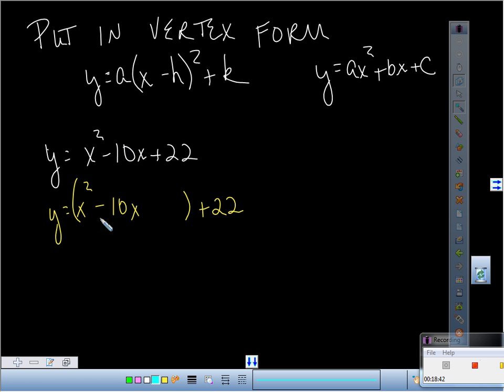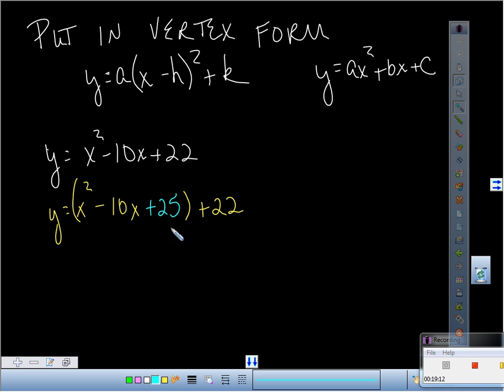Okay, so what I want to do is create a perfect square trinomial right here. Some of you are already going, oh, I know what she's fixing to do. So what is half of 10? 5 squared? 25. So I'm going to say plus 25. Now, did I create a perfect square trinomial? Yes.